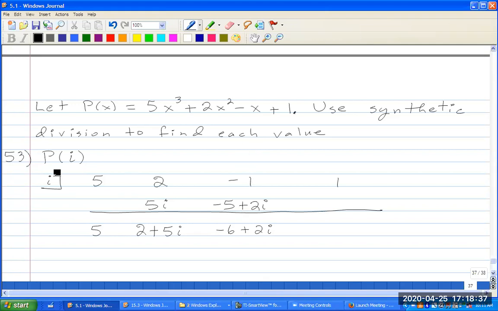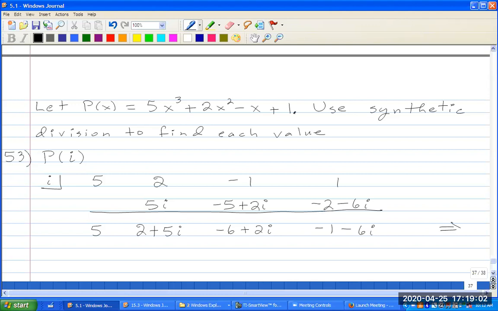Now, let's multiply. I times I is minus 1 times 2 is minus 6I. 6 times I is 6I. Minus 1 minus 6I.